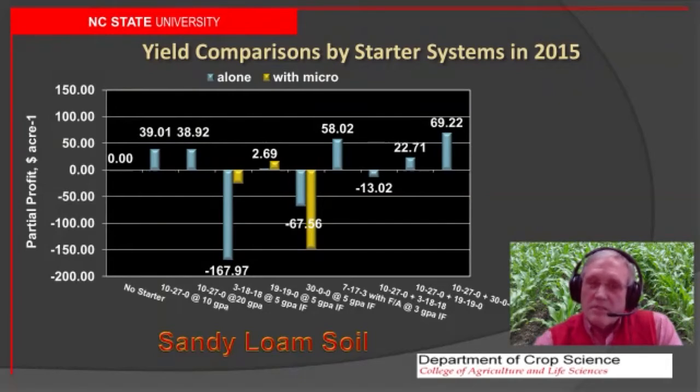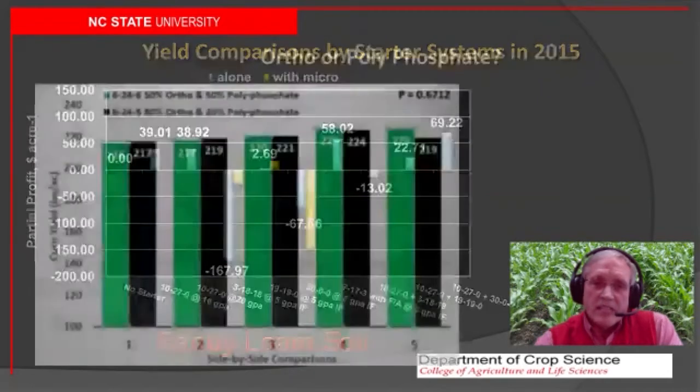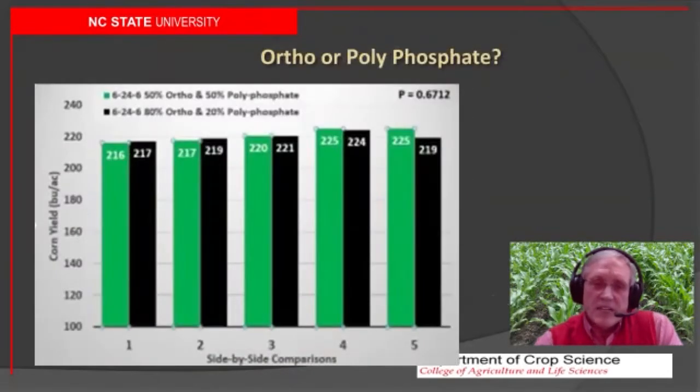You should see the starter effect, regardless of what that ratio of N to P looks like. So again, focus on situations in your particular operation, what you need or what you feel you'd like to accomplish, in addition to influencing root development there.